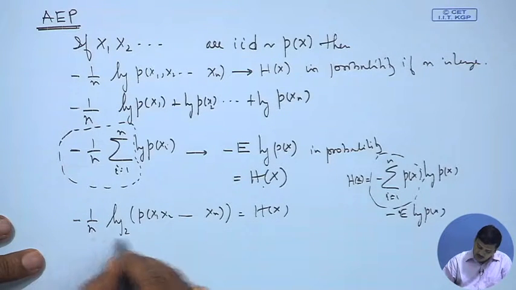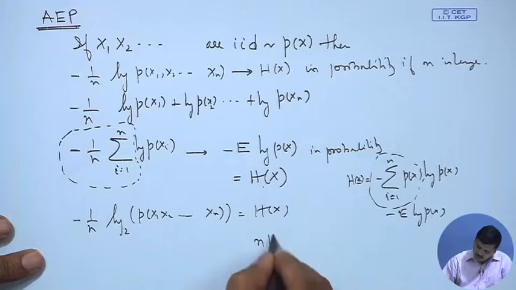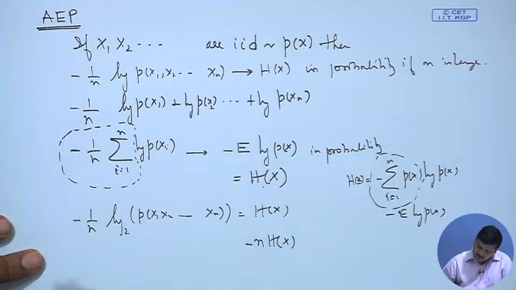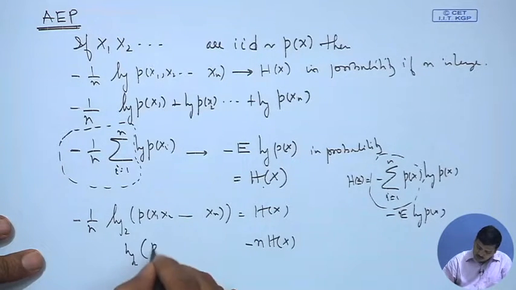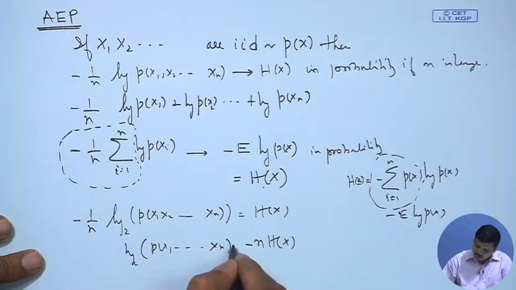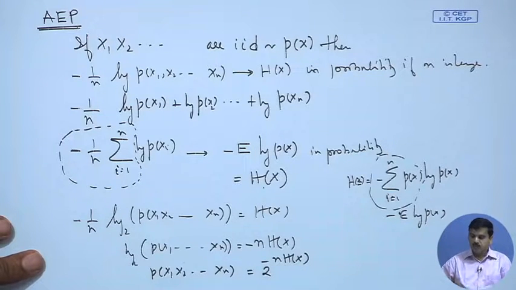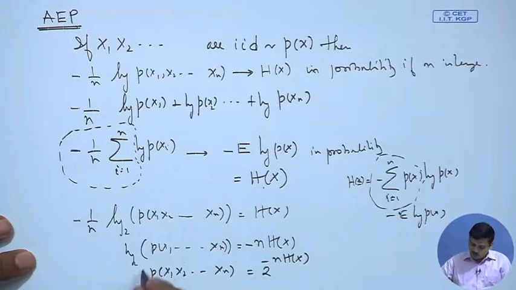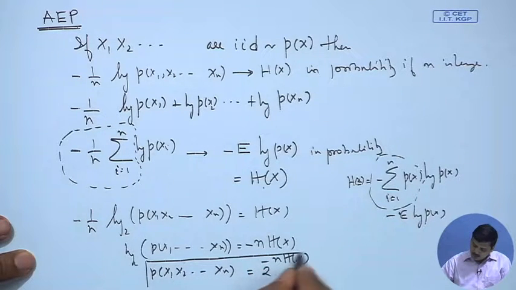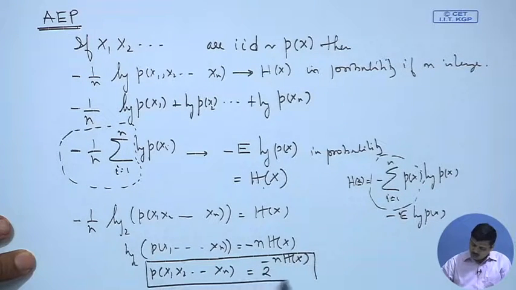So clearly, log 2 of p(x1 to xn) is basically this, right. So we could write p(x1, x2, up to xn) is equal to 2 to the power of minus n h(x).